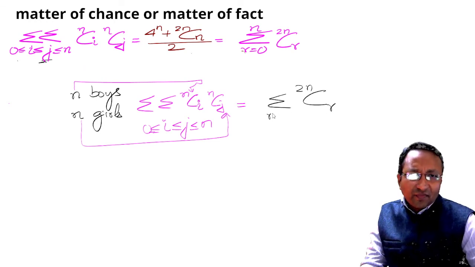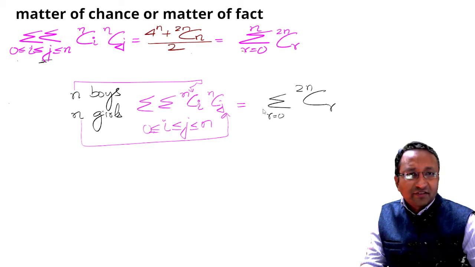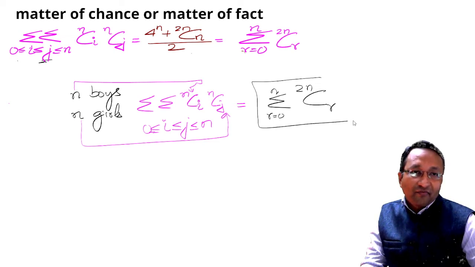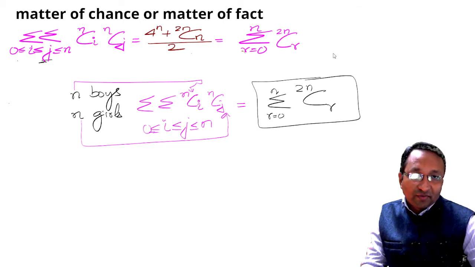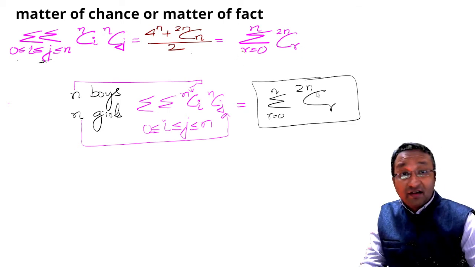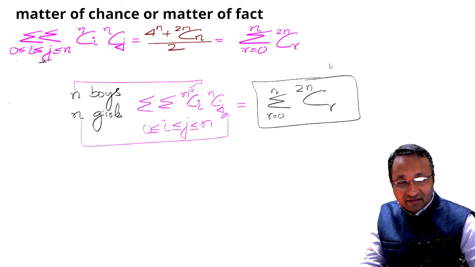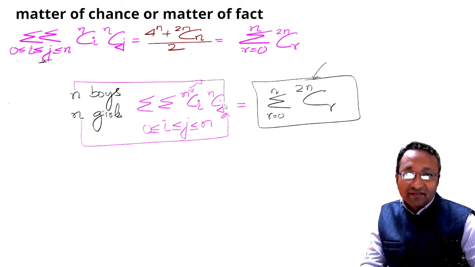Half or less than half, because your R starts from 0 and goes up to n. So if I choose half or less than half students from the entire class, the number of ways of doing this is exactly the same as the number of ways of choosing a certain number of boys and a certain number of girls, ensuring that the number of boys is less than or equal to girls.